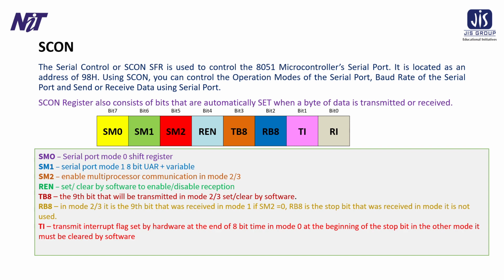TI, transmit interrupt flag, set by hardware at the end of the 8th bit time in mode 0 or at the beginning of the stop bit in other modes; it must be cleared by software. RI, receive interrupt flag, set by hardware and must be cleared by software. So this is the function of each and every bit of the SCON register.